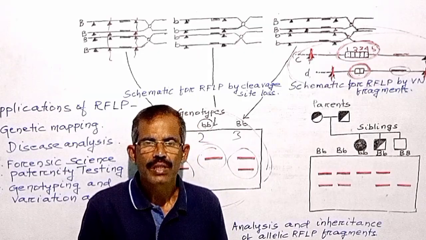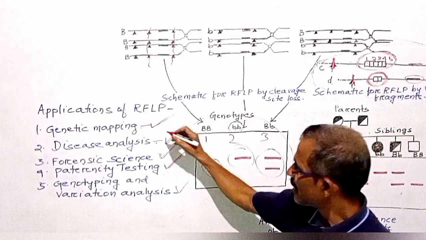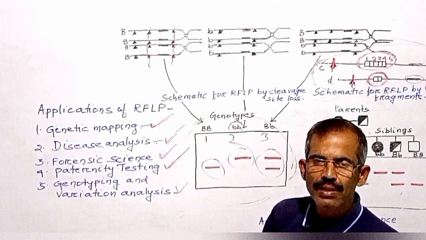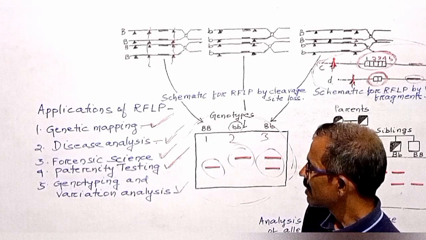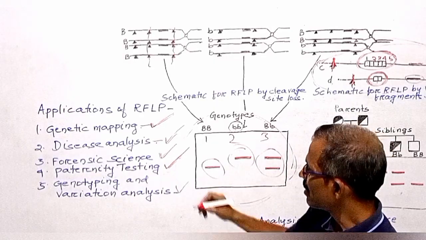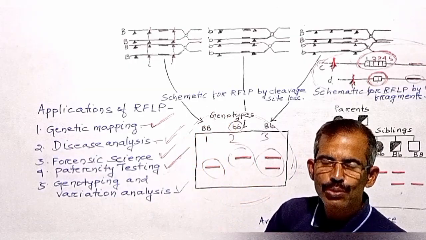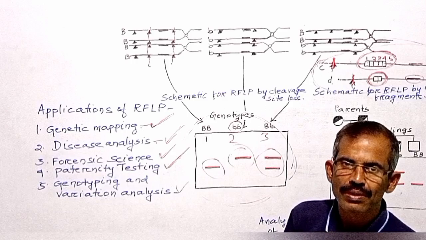RFLP has several applications. First one is genetic mapping, in which it is used to identify the locations of genes on chromosomes. Second application is disease analysis. This technique is also used to detect hereditary disease causing mutations.